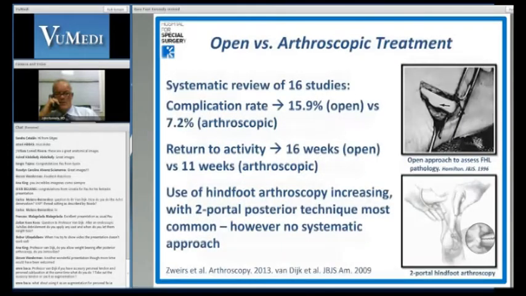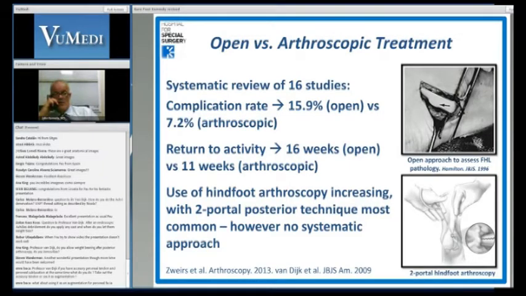So why do we do this? Well, it's not just fun, as Professor Van Dyke said, it's also very useful. When we look at the open versus arthroscopic treatment in the collaboration between Professor Van Dyke's group and our own here at HSS, we did that in a systematic review. There were over 300 studies that we looked at, which we were able to cull down to 16, looking at the complication rates.